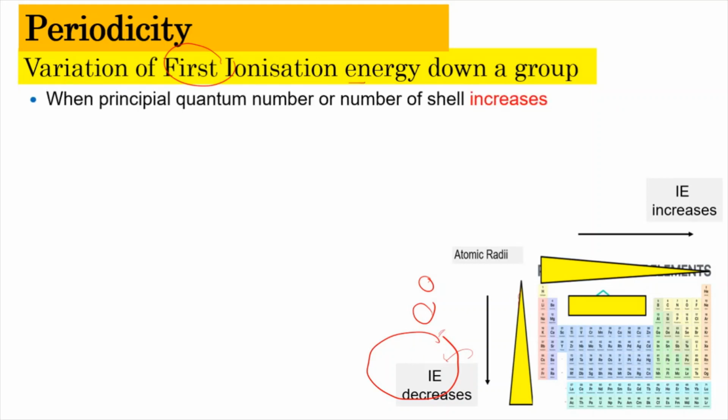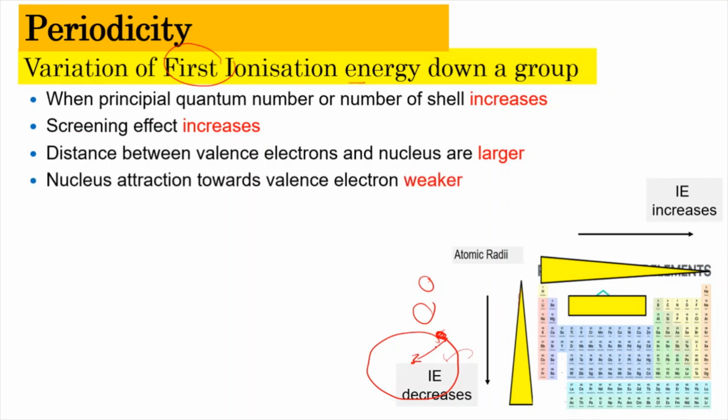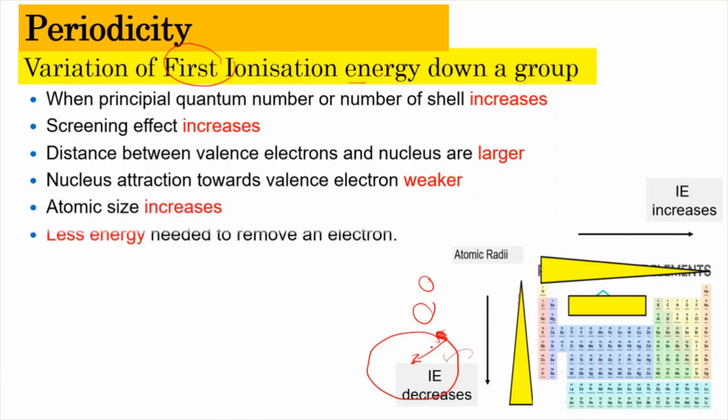So down the group, when the principal quantum number or the number of shells increases, the screening effect increases as well because there are more electrons. As a result, the distance between the valence electron and the nucleus gets larger. This causes the attraction between them to be weaker and the atomic size increases.